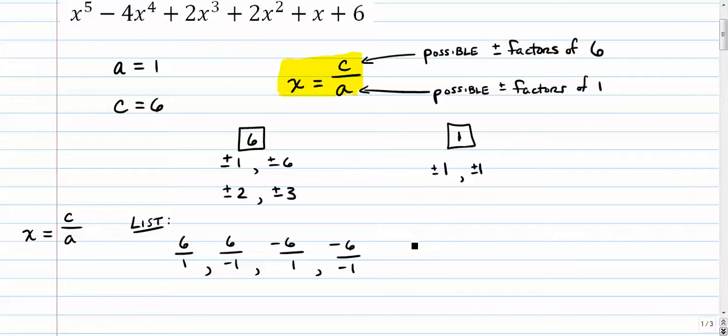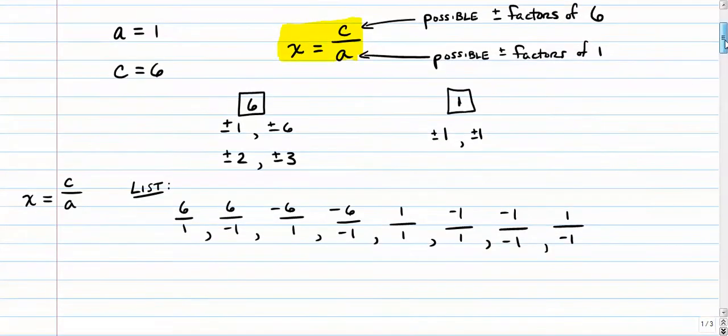Let's go on to the 1's. So it's 1 over positive 1, negative 1 over positive 1, negative 1 over negative 1, or I guess positive 1 over negative 1. As you can see, the list already is getting pretty long. Let's move on to the 3's.